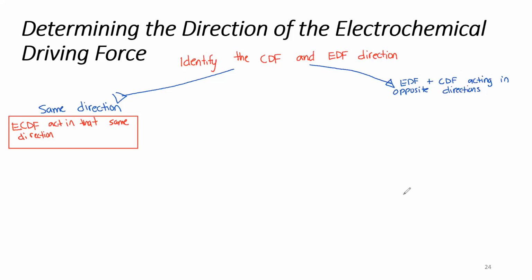Okay. And what we're going to want to do at this point is turn our attention to the equilibrium potential and the membrane potential. So if the forces are in opposite directions, we're going to compare the equilibrium potential of the particle in question, so equilibrium subscript X, and the membrane potential of the cell in question.